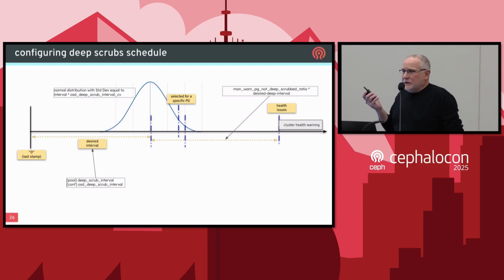I think it's 3/4, 0.75. It didn't change, but what it affects, where it starts, just changed a bit. After that point, you have a cluster health warning. Before that, in the previous versions, we had some intermediary steps where it was late, but not that late. That was removed. Okay?